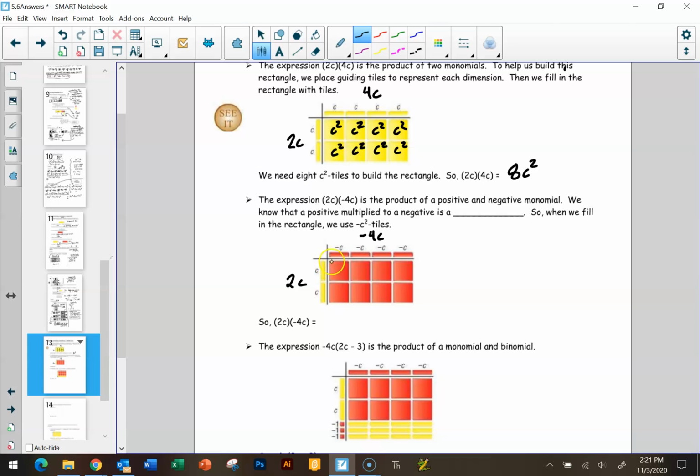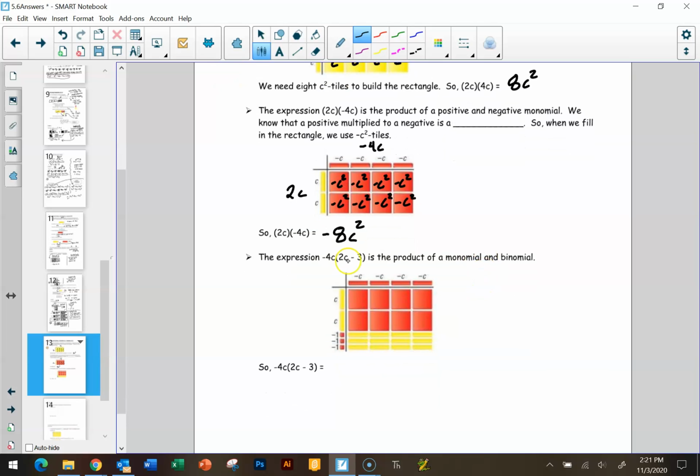So it's a positive times a negative. We know that the result is going to have to be a negative c squared. And all of these have to be the same. So the only difference between this one and the first one is that instead of having 8 positive c squareds, we have 8 negative c squareds.